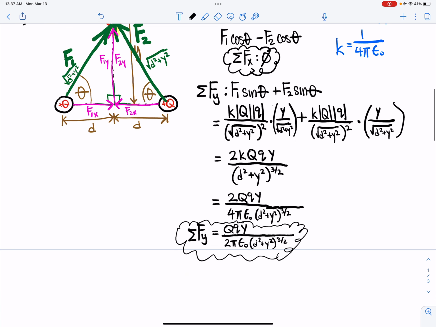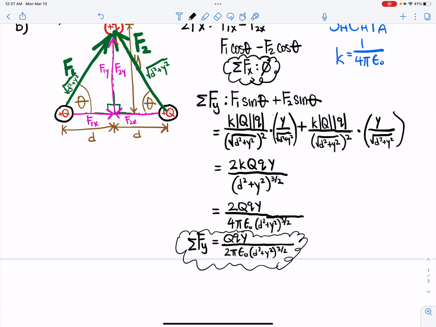All right, so therefore for part B, my sum of forces, or my F total, is going to be equal to the sum of forces along x plus the sum of forces along y.